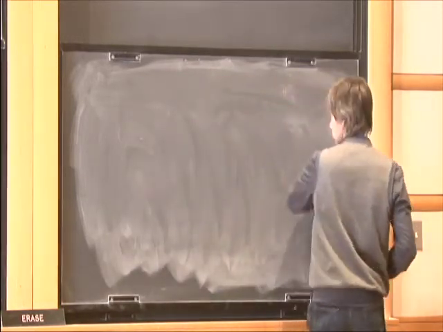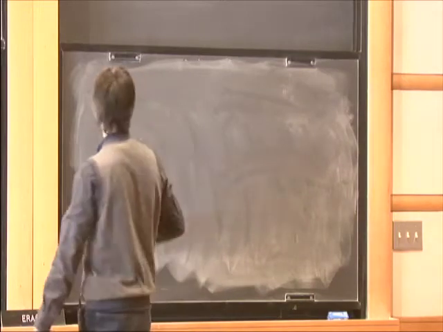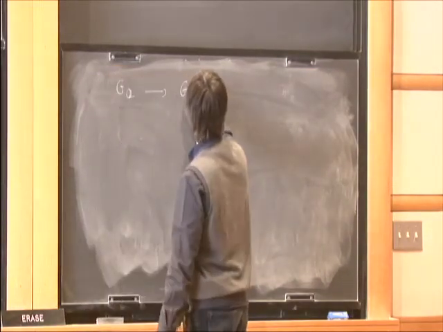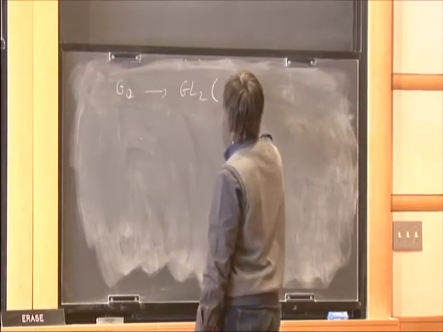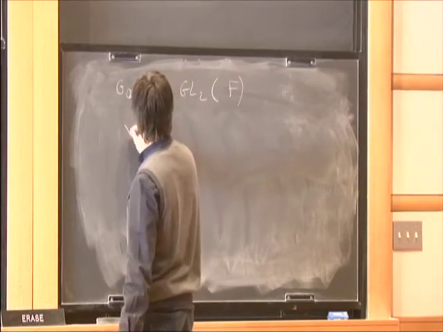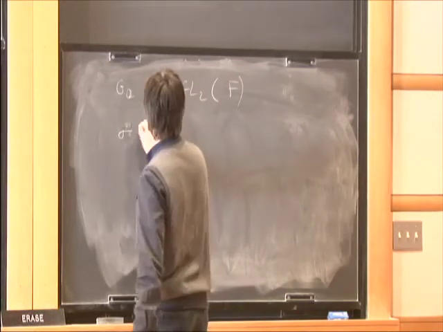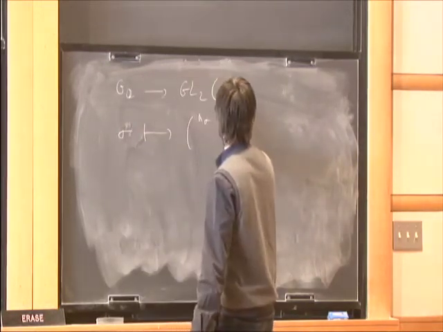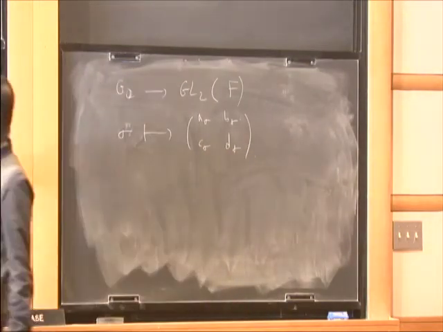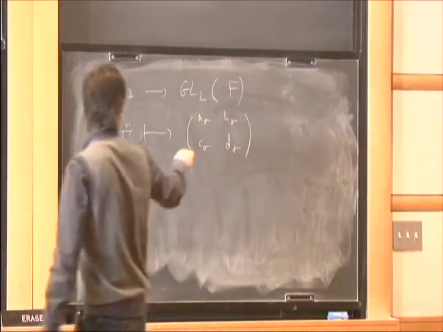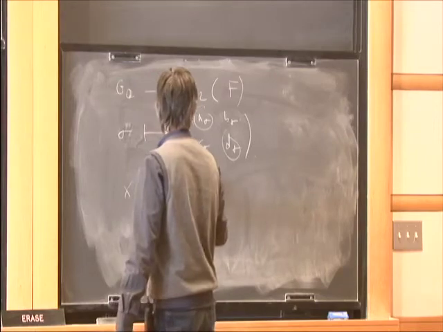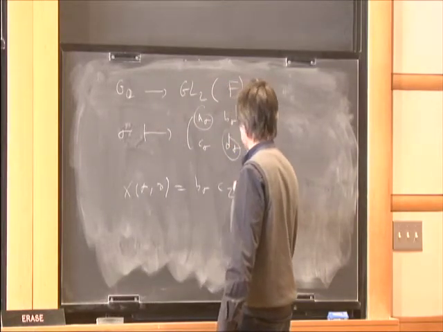So if you have an actual Galois representation into GL_2 of, say, F, so sigma gives A sigma, B sigma, C sigma, D sigma. The A and the D behave like characters, and the X of sigma, tau is B of sigma times C of tau.